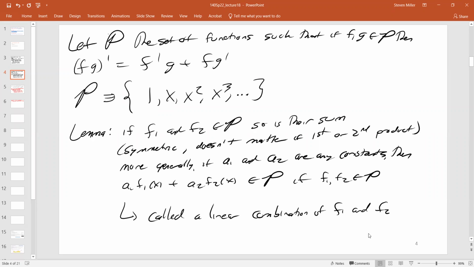So now that I know this, if I know 1, x, x squared, x cubed, I would know 3008 x cubed is in P. Or 3008 x cubed minus 17 x to the 5th plus 11 x minus 12 is in P. So we're going to see that P is much larger than we initially thought.